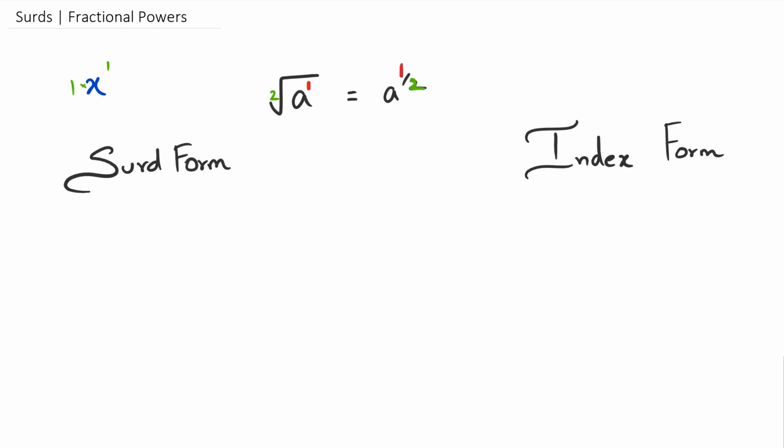So let's have a look at examples. Say, for example, I want to find out the fifth root of x squared. Then in terms of writing this as a fractional power or in index form, sorry, I meant fifth, so I should have put a 5 there. So that means this is going to look like x to the power of 2 over 5.